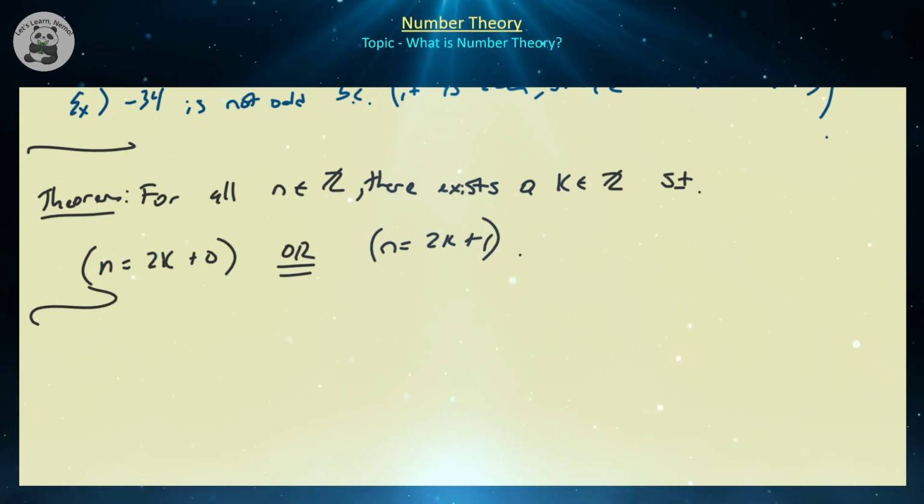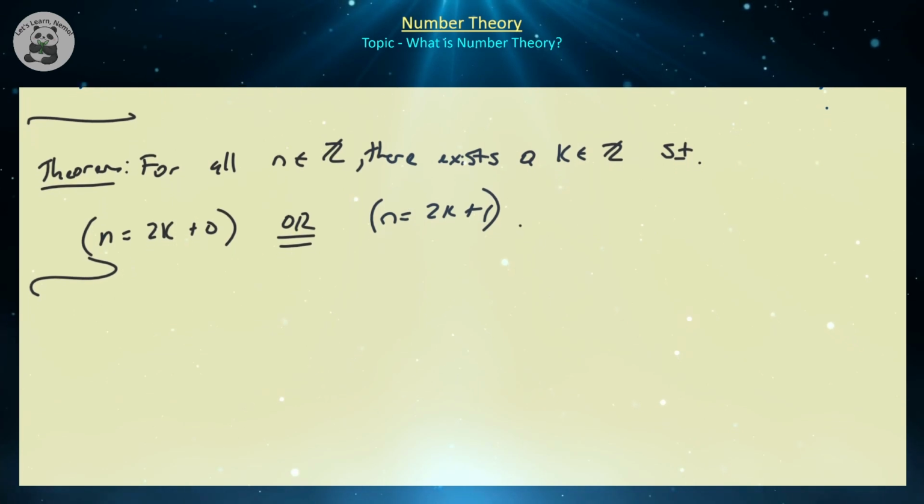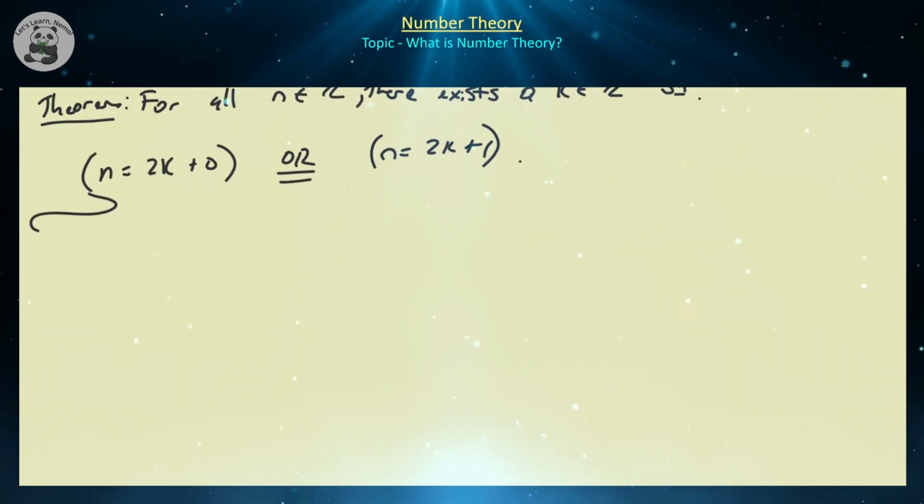And this practically follows from the fact that the set of even integers and the set of odd integers partition the set Z, and hence if you choose an arbitrary integer, it's either going to be even or odd, right? So here's one question that I want to give you.